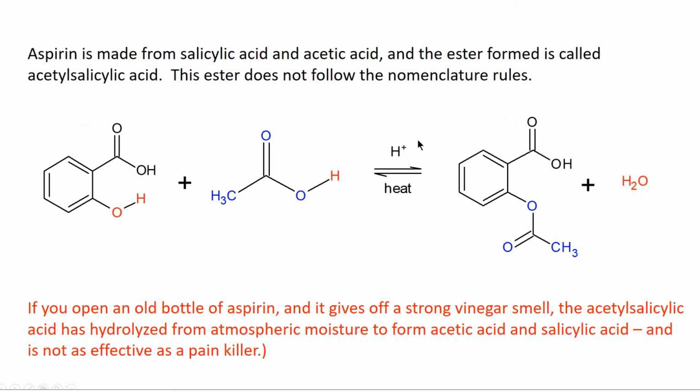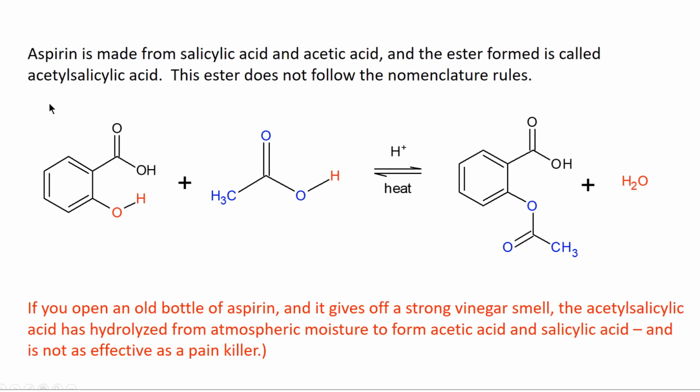All right, so aspirin is an ester where it's made from salicylic acid. This is your carboxylic, nope, this is your alcohol, sorry. Salicylic acid does also have a carboxylic acid in there. And this is also the common name for this, not the IUPAC.